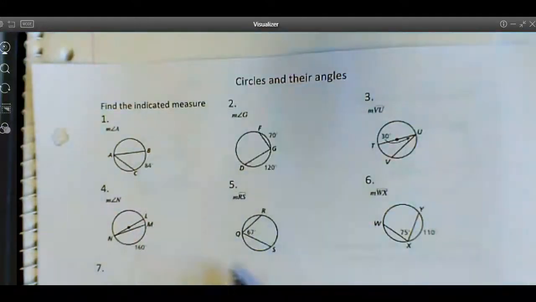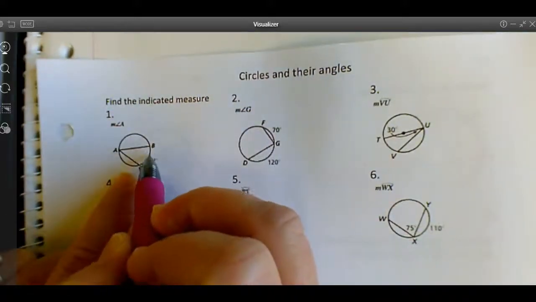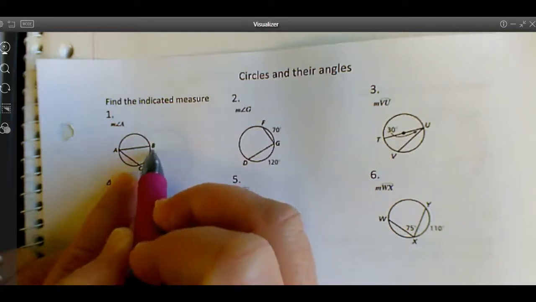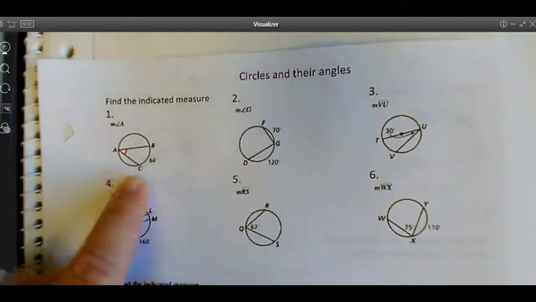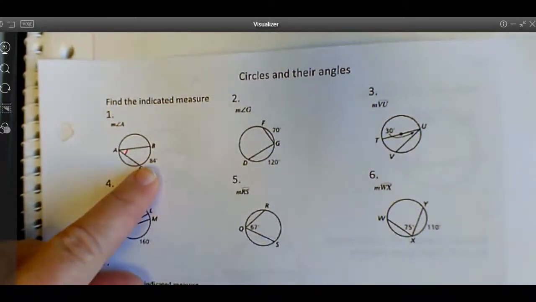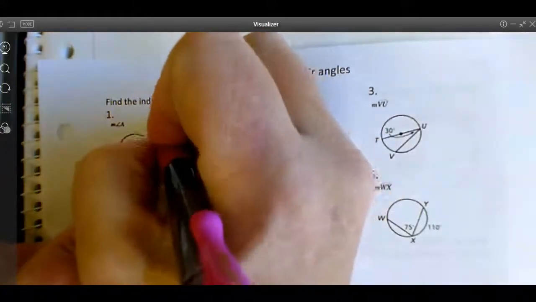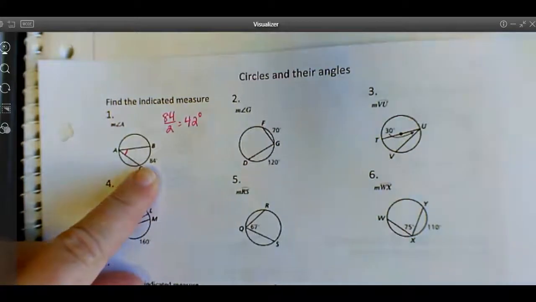That's pretty much what's going on in these pictures. Here it tells me that this arc is 84, and it wants me to find angle A. Since this is coming from the edge of the circle, I'm just going to divide 84 by 2. And so I know that angle is 42.